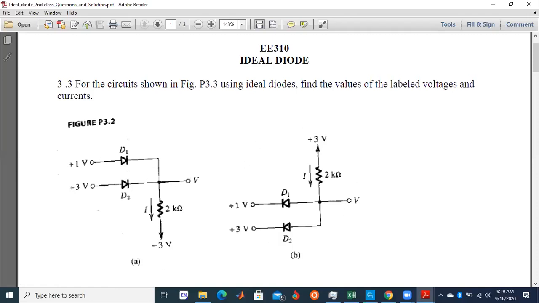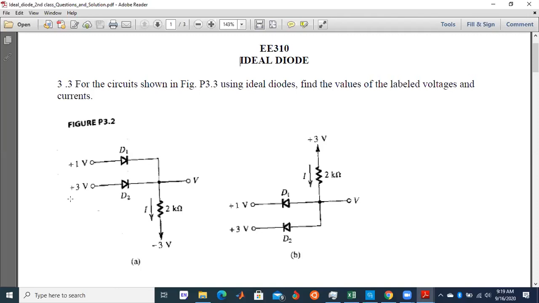Now, when you are dealing with the OR gate, before you can identify which diode will be on or which one will be off, you have to look at the voltage source attached to each diode.